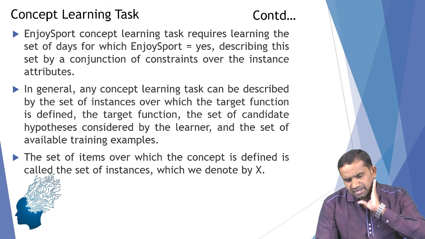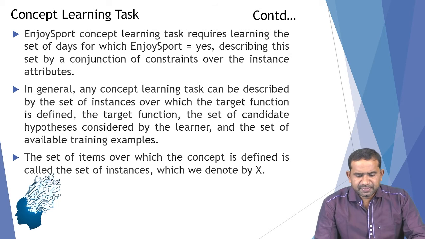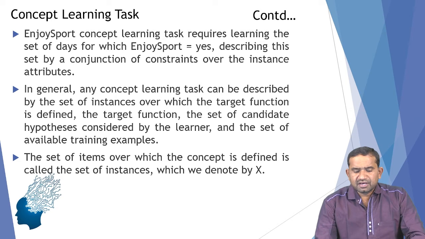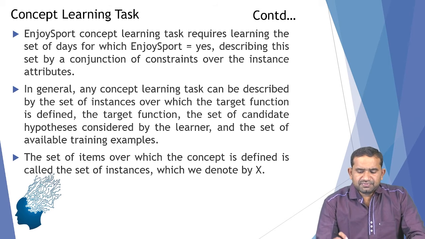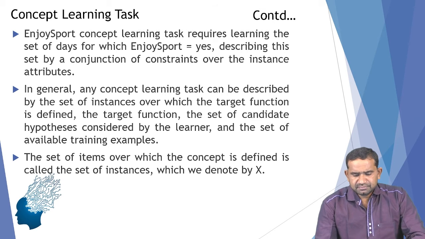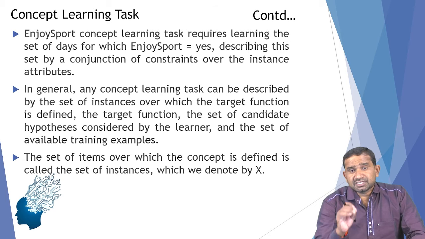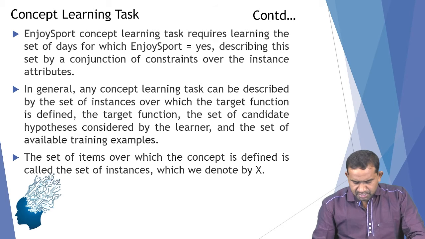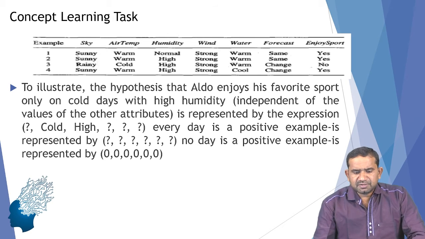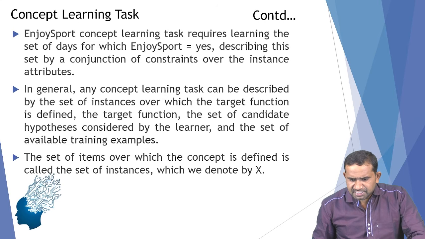Here we describe the set of instances with our examples. There are 6 examples. The attribute values, like sunny and rainy for the sky, may be specific values that describe instances over the target function.